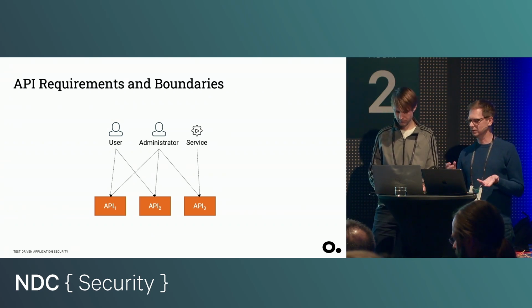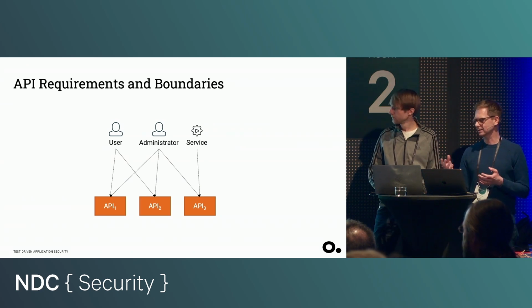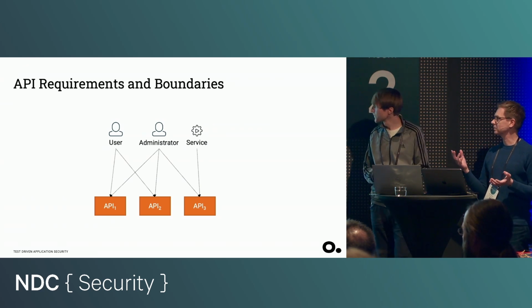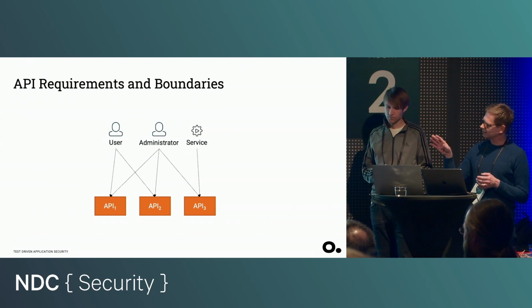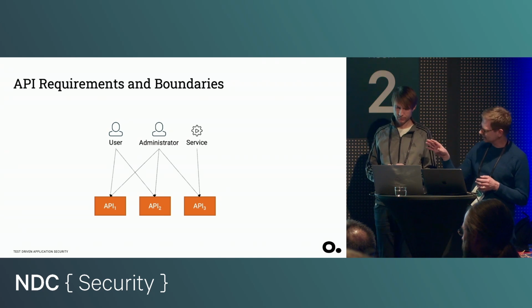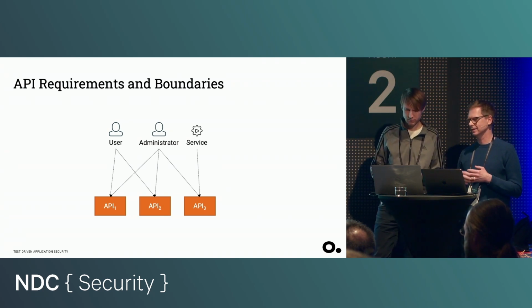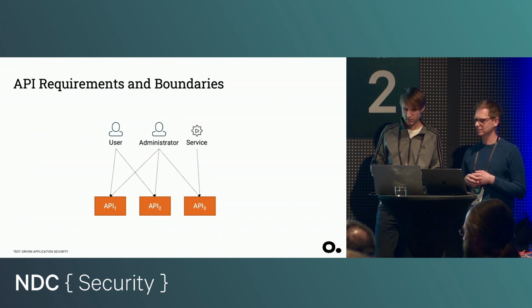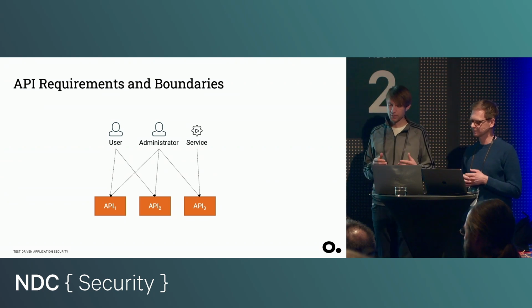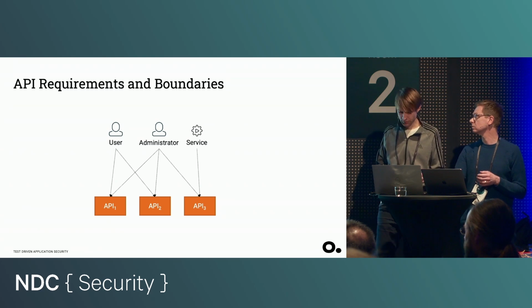Some are ordinary users, some are high privileged administrators, and some are services, perhaps other APIs that are talking to us. And we need to restrict access to these APIs in some way so that each caller gets the least amount of access possible. Yeah, so if we look at basic requirements for this context, then we could express this in the following way.